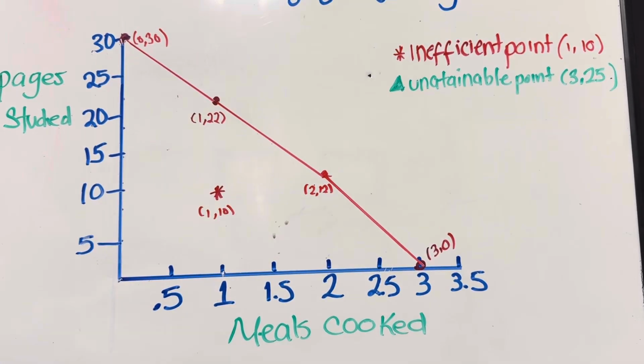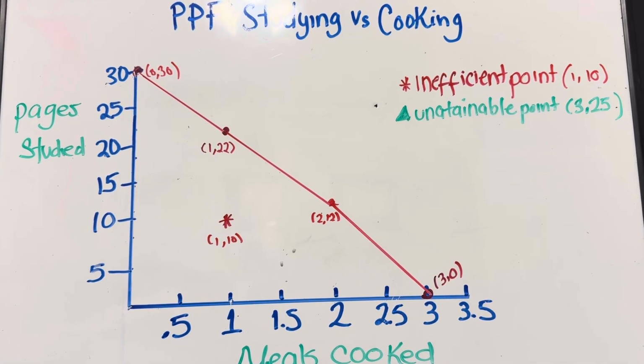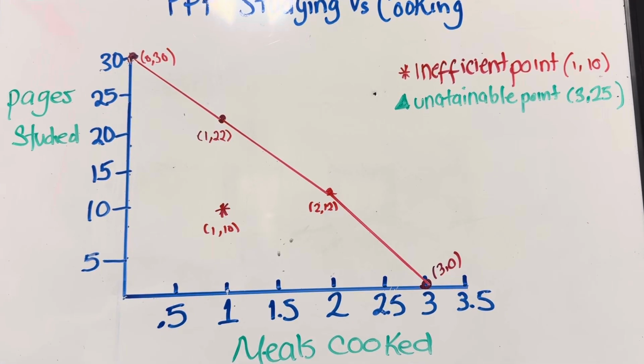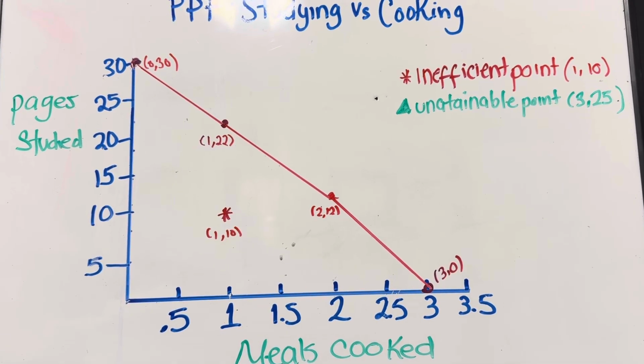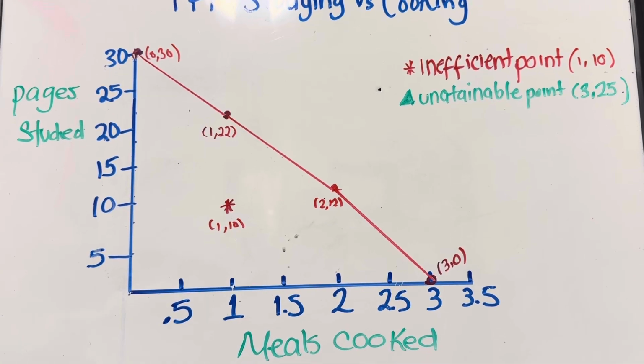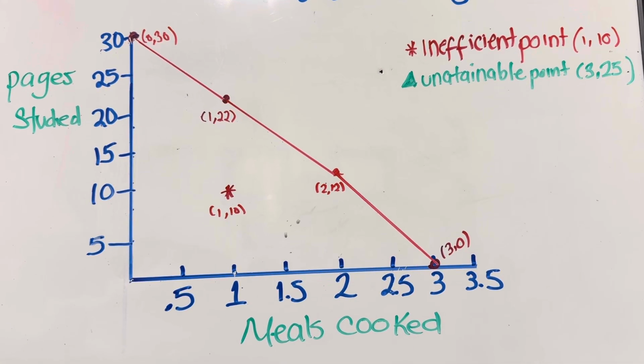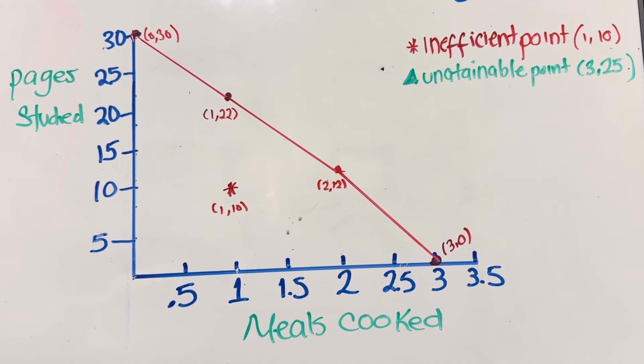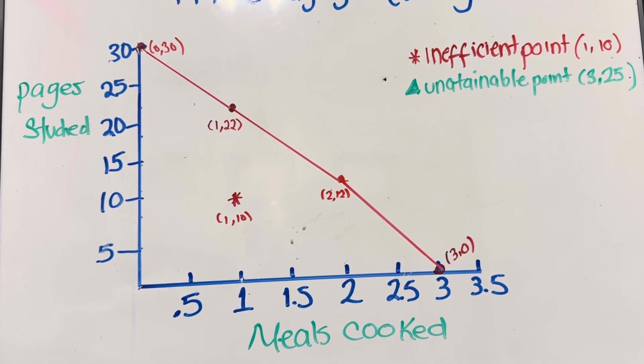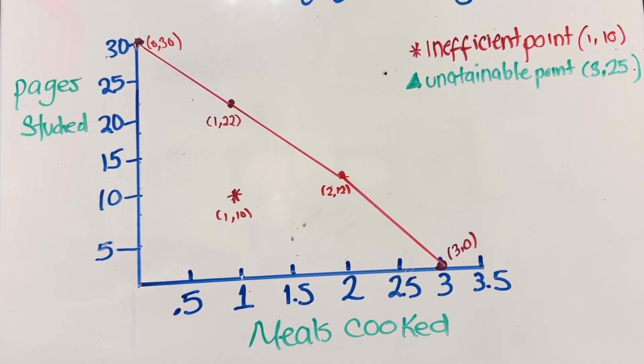I think the difference is what my necessities are in that moment. If I am going to have an exam, if I'm studying a really hard chapter for me, then I'm going to try to spend more time studying than cooking.